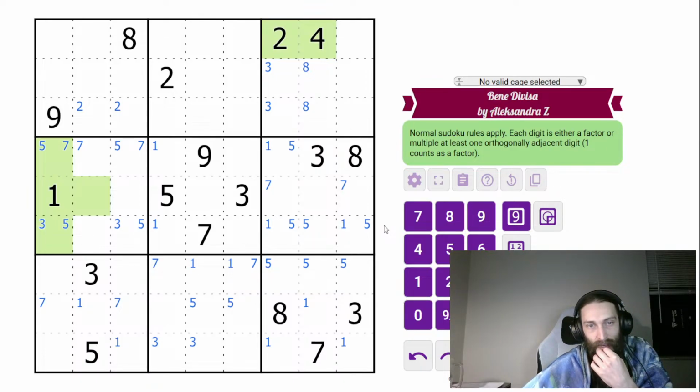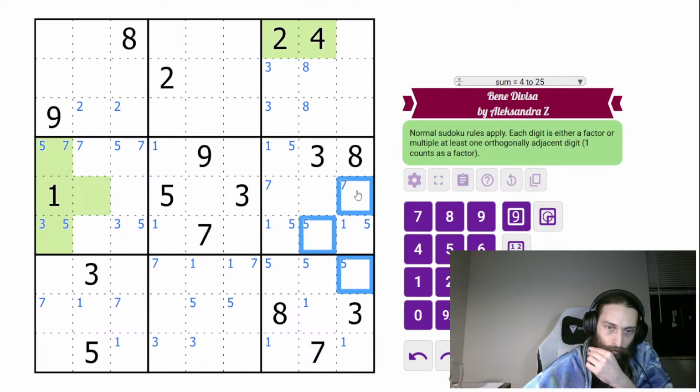The one in row 6, column 9. Where do you put a 1 beside it? You can't. Right. It's ruled out of all of those positions.